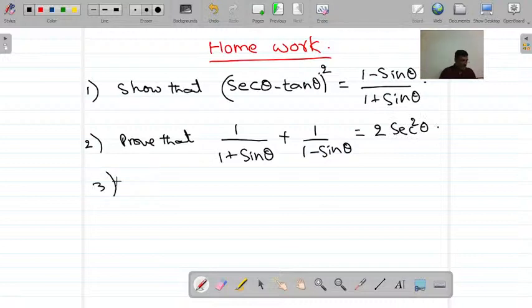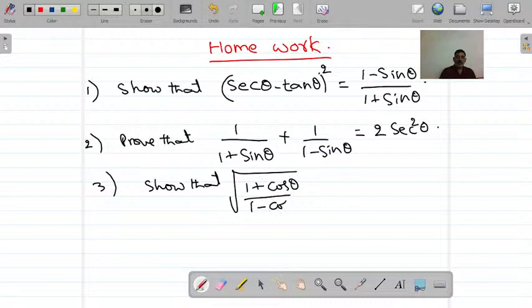And one more, show that root of (1 plus cos theta) by (1 minus cos theta) is equal to cosecant theta plus cot theta.